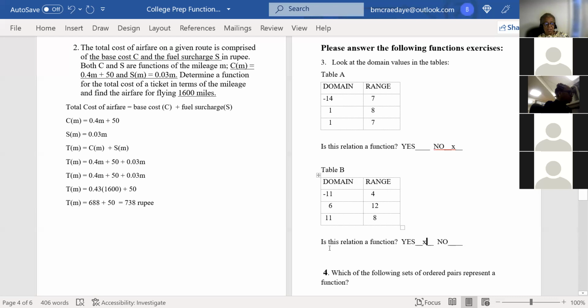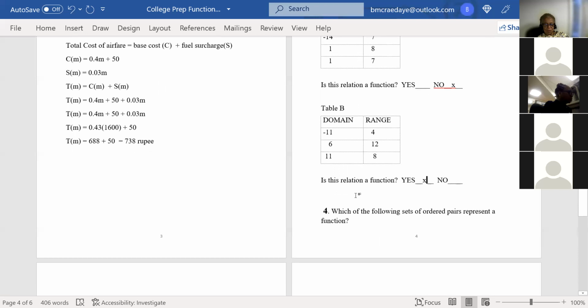You don't see any duplicates, like up here where we saw duplicates. So the key is, if you don't see duplicate X values, then it's a function. The fact that the signs are different and they're the same number, they are different. So this is a function. Questions?